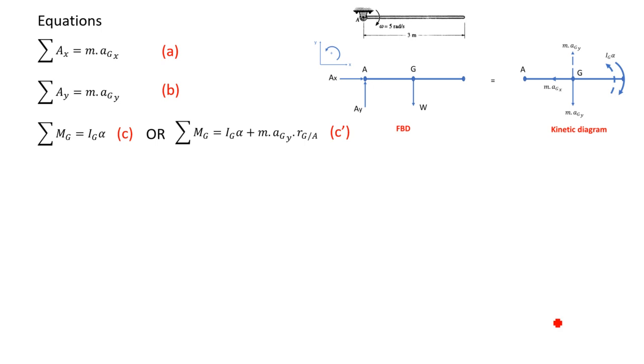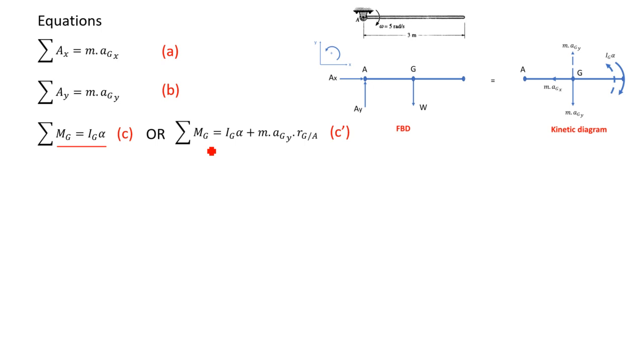So we go to the equations we're going to choose. Sigma FX is going to be equal to the mass multiplied by the AGX, that's 1. Sigma FY is going to be equal to the mass multiplied by the AGY, that's 2. We have the moment around the point G equal to the IG alpha, that's one option. And the other option is that the MG is going to be equal to, sorry, one of them should be MA.